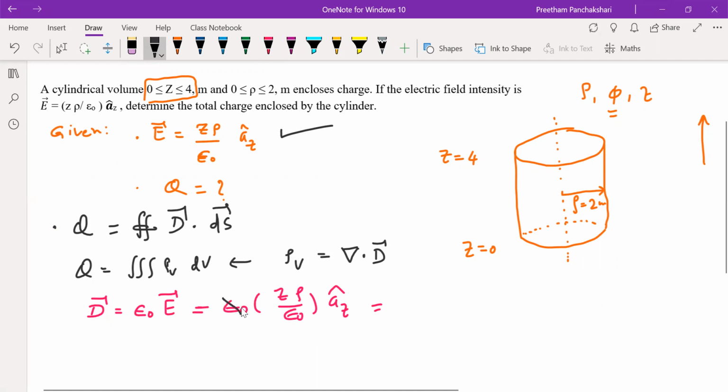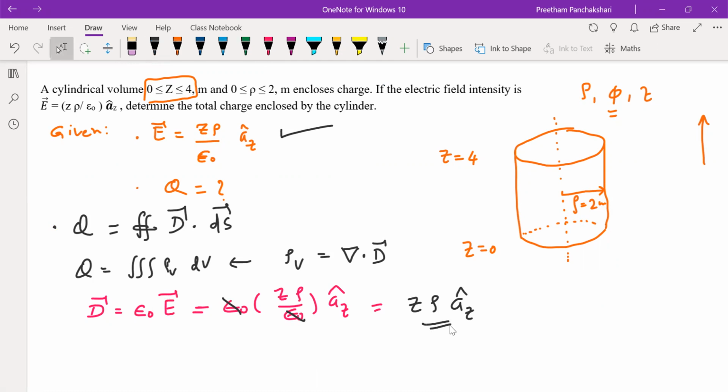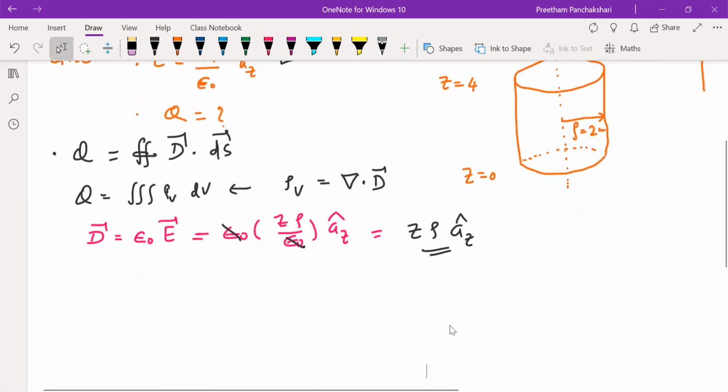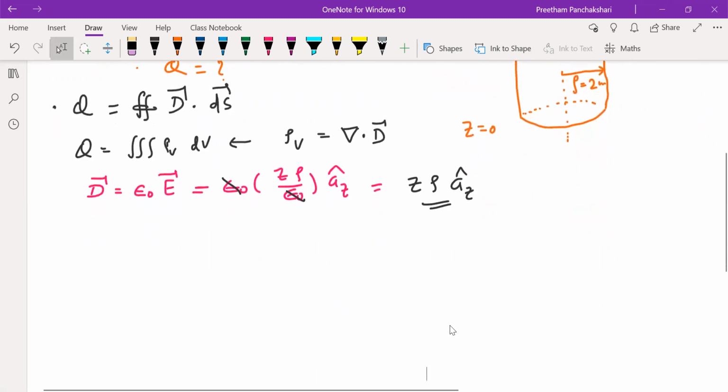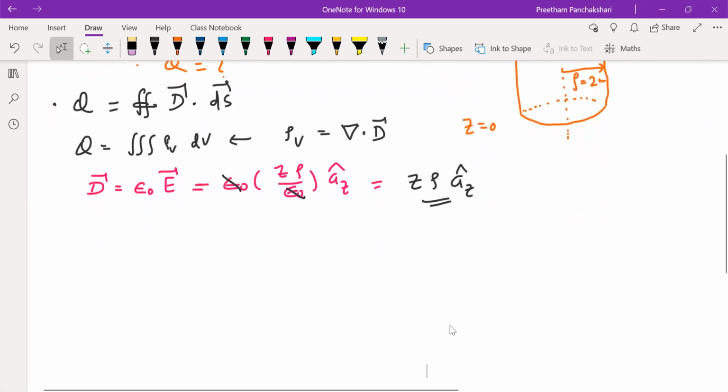So the permittivity is cancelled. We are left with z into rho a cap z. So d is calculated. So we can use one of the formulae to find q. Let us try both.